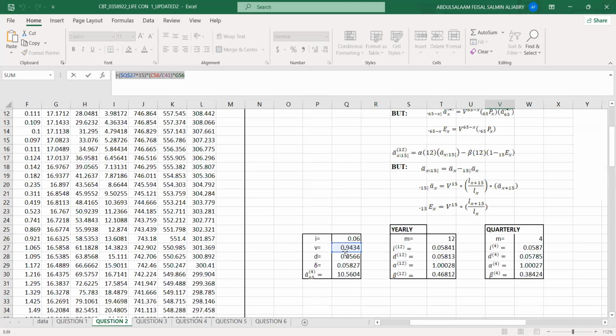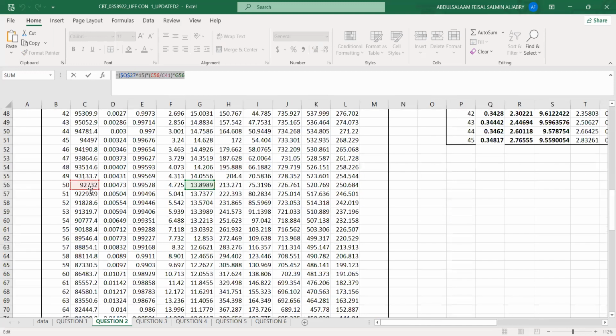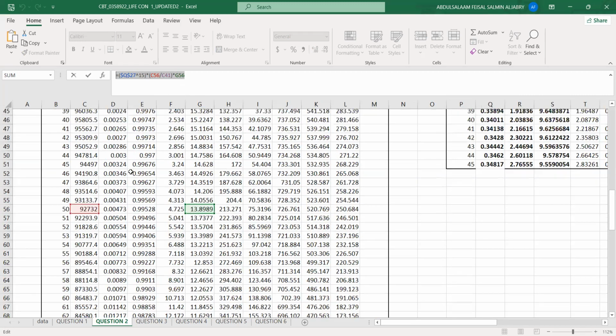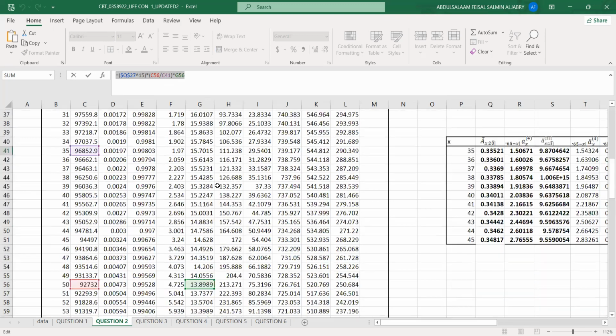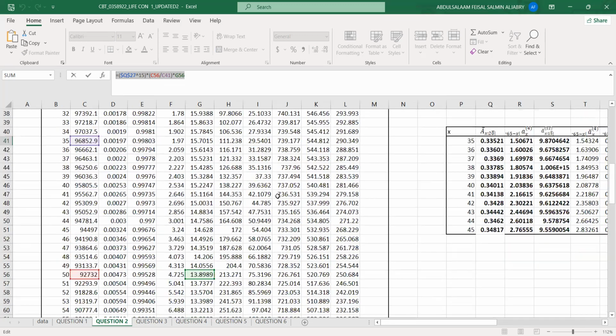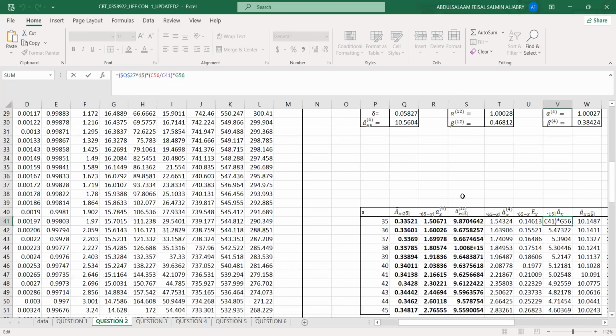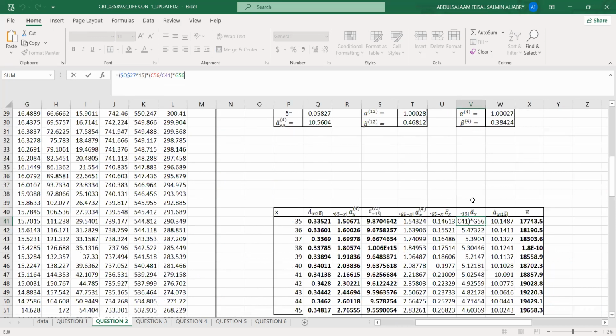As you can see, it's V power 15 C56, which is the L50 divided by L35 multiplied by A double dot 50. After getting that one, we drag the data all the way down.